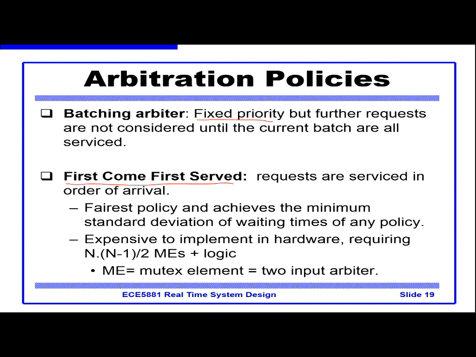You can prove that theoretically. Independent of any other distributions, first come, first served allocates the resource as fairly as possible. You can implement this strategy in hardware, but there's no cheap way to do it; it is the most expensive strategy to implement. So we'll come back to that later.